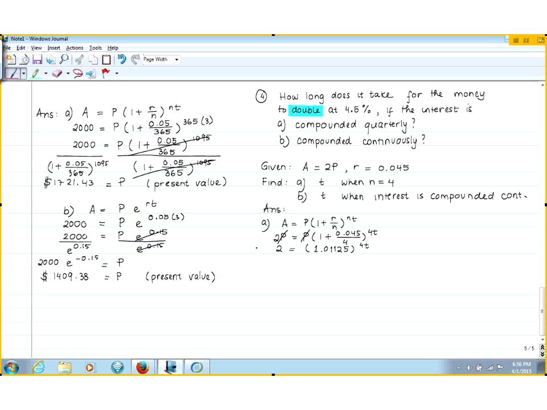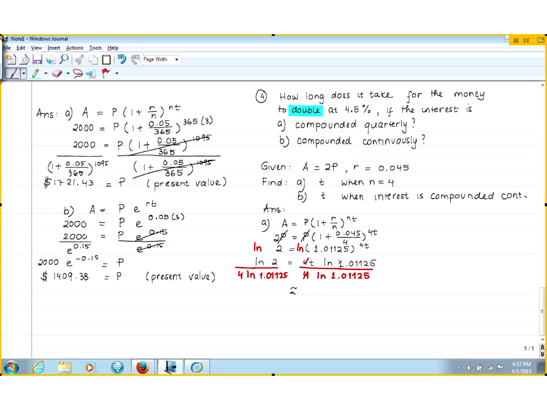To solve for t, we have to bring the t down. So ln 2 is equal to 4t times ln 1.01125. Then to solve for t, we divide both sides by 4 ln 1.01125.